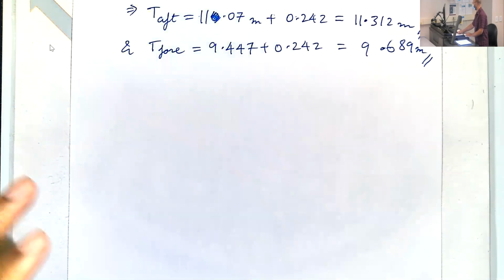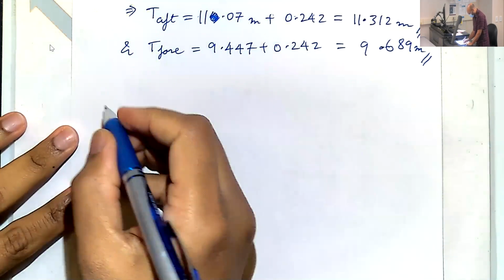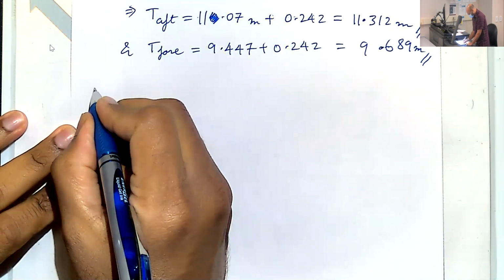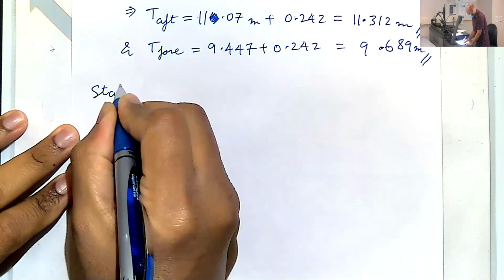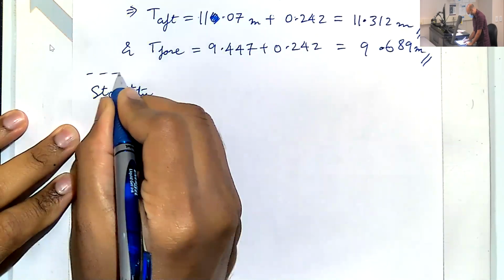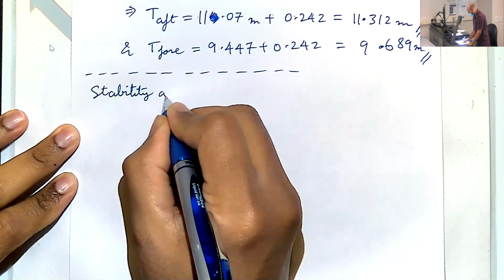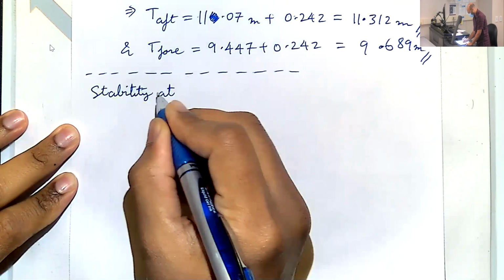And the next small topic we can talk about is stability. So this is a topic change. We're done with trim. Stability at large angles.